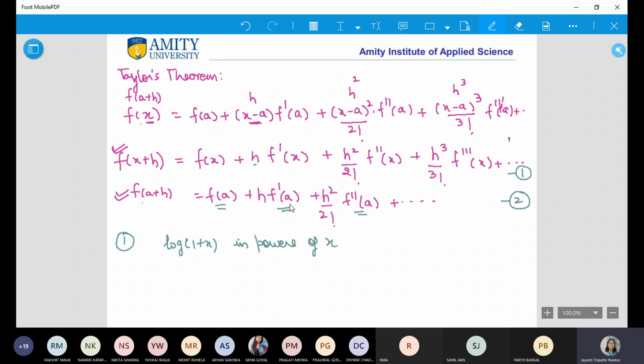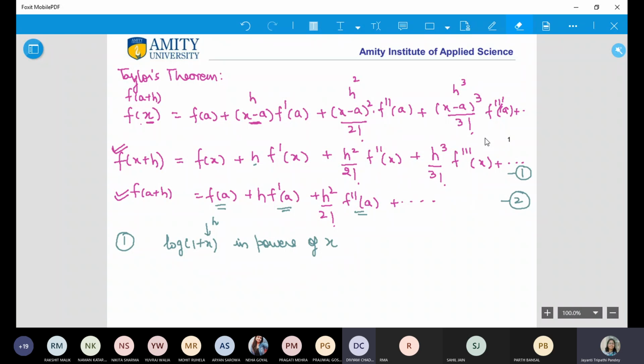Formula 2 will help us by taking this as h. Now see the expansion. Our f(x plus h) is log(1 plus x). So keep that in mind and expand. Our a is 1 and h is x. Is this acceptable, or do you have any problem understanding this?